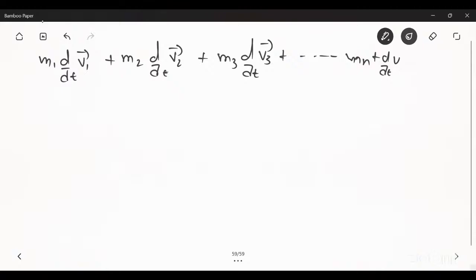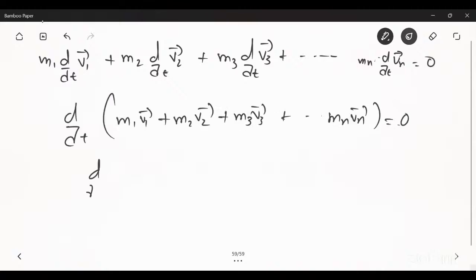If you take d by dt common, m1 v1 vector plus m2 v2 vector plus m3 v3 vector plus dot dot dot mn vn vector, all that is d by dt of p1 vector plus p2 vector plus p3 vector dot dot dot pn vector, which will be zero.